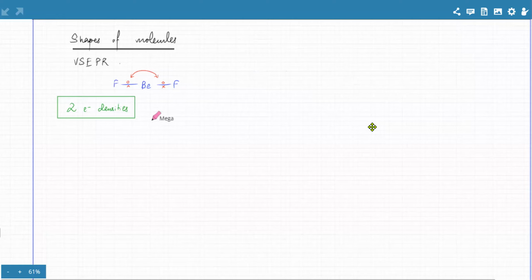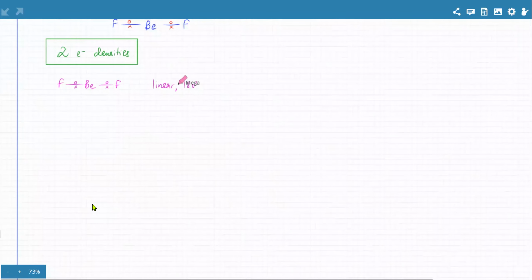If a molecule has two electron densities, like if you look at this BF2 molecule, it only has two places where there are electrons. One is on the right and the other one is on the left, right? So that's electron density. And the shape of the molecule is going to be linear. Linear means that it's going to be straight and the angle would be 180 degrees between the bonds.